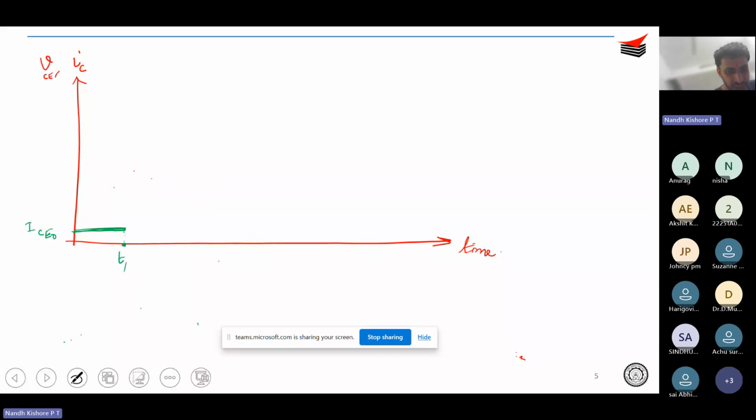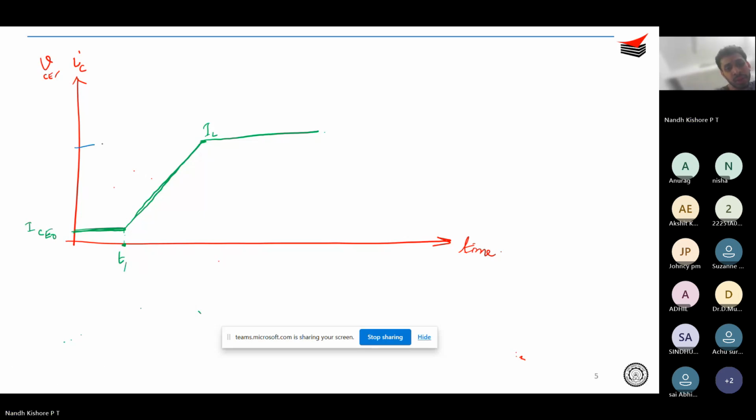So what will happen? Your current would increase, right? And it would go till the actual load current that it's supposed to go to. It may be some 5 milliamps or 500 milliamps or 1 amp or 2 amp or whatever it is, but it will rise till your actual load current, and then it will remain over here. What about your voltage? Your voltage is actually going to fall from, let's say this voltage was something like VCC, right?